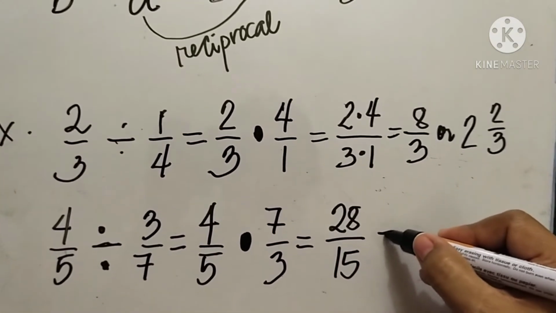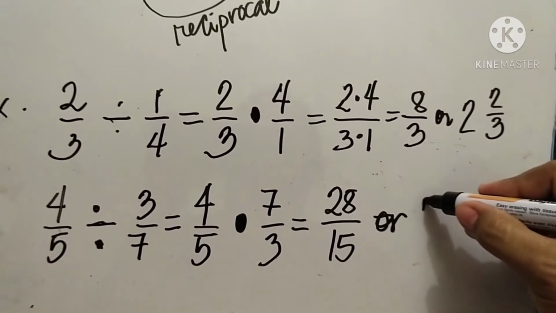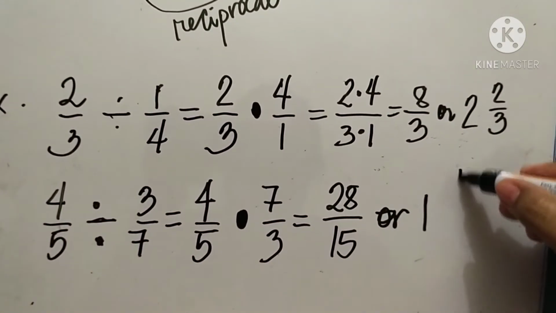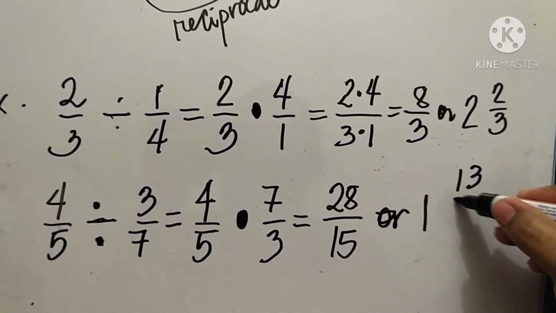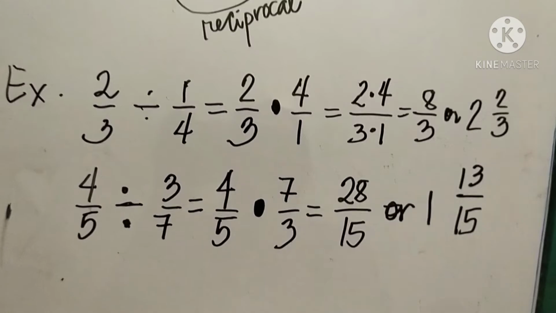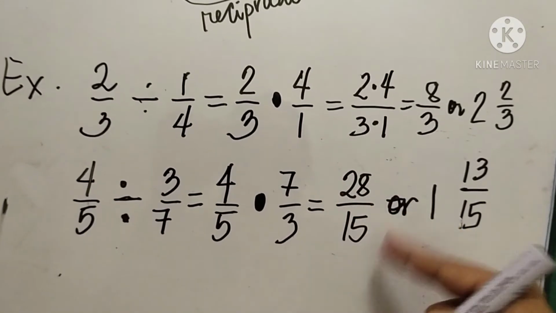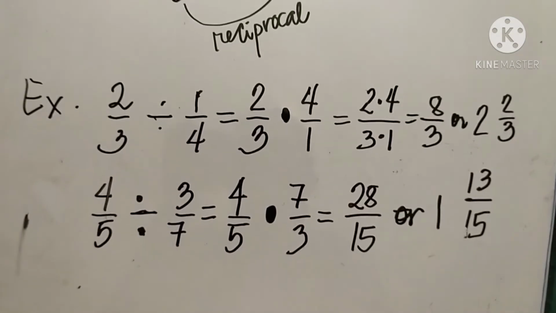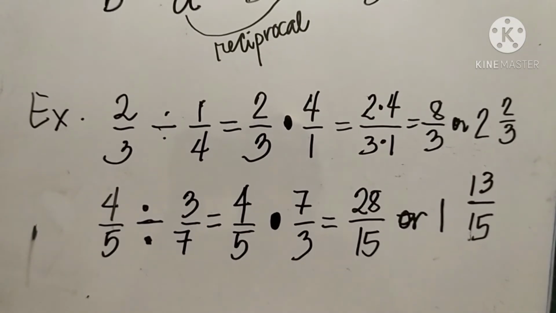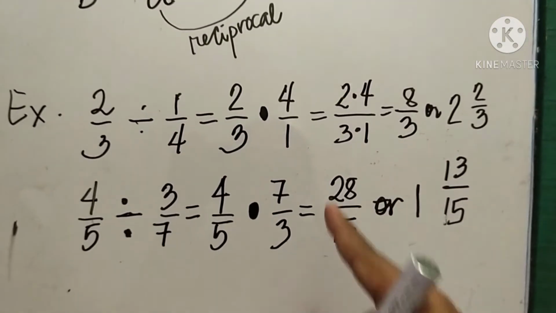Therefore, reducing, we have 1 and 13 over 15. We write it in mixed number because the numerator is bigger than the denominator. But if it is not, then just leave it like this.